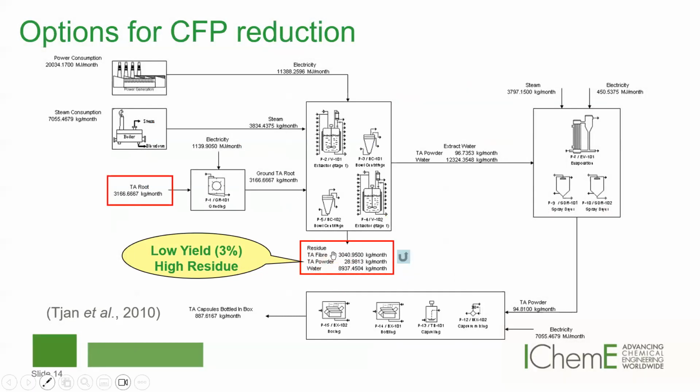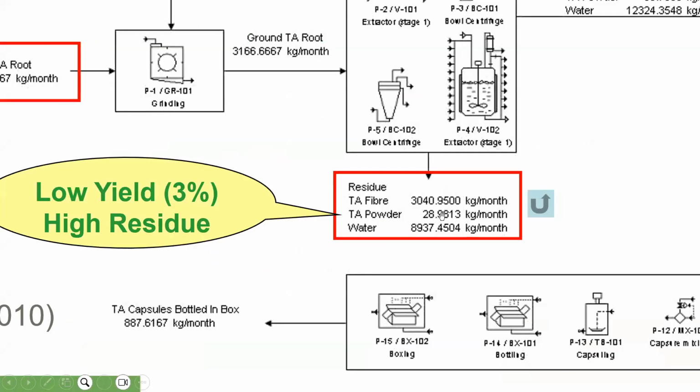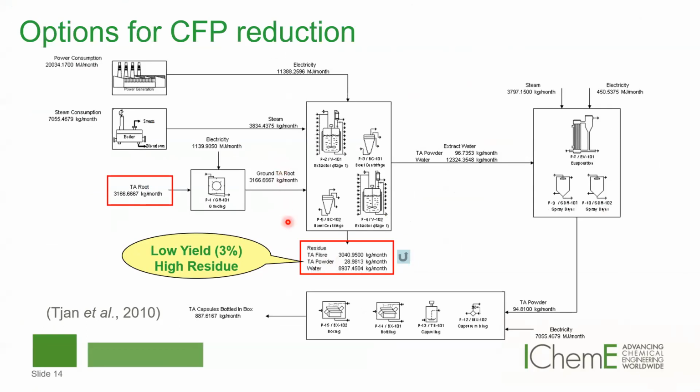So, let me zoom on that. So, this is just the product, the TA powder. The rest are waste. So, we can use actually the waste to fire our first, there are two options na, for power consumption and then steam consumption. Okay? Option 1 and option 2.